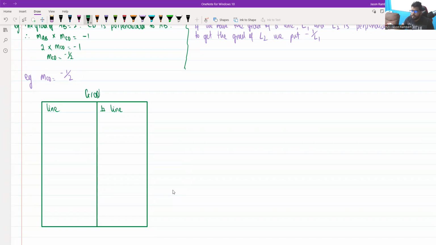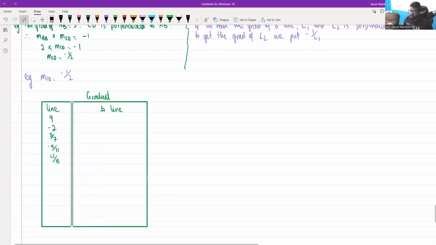The table is a gradient table. And I'm going to put some numbers: 4, -2, 3 over 7, -4 over 11, 12 over 5. I think that's good enough.